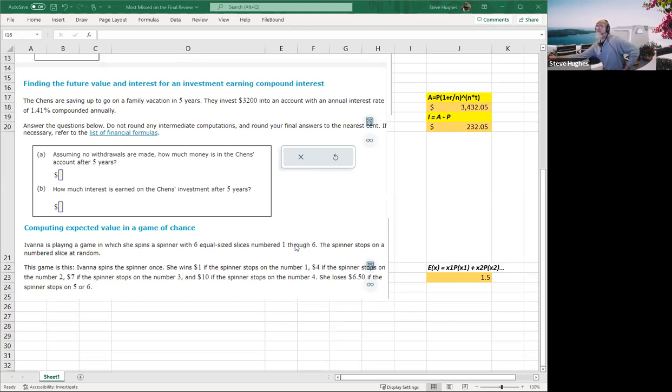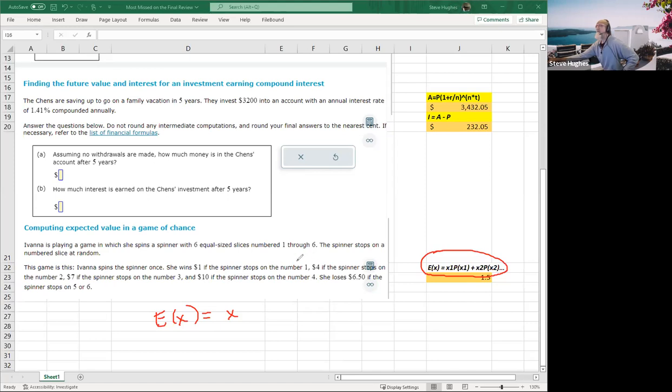All right. You guys can see my expected value formula here. I'm going to write it out for you. Expected value is a function of X, where X is the outcome.